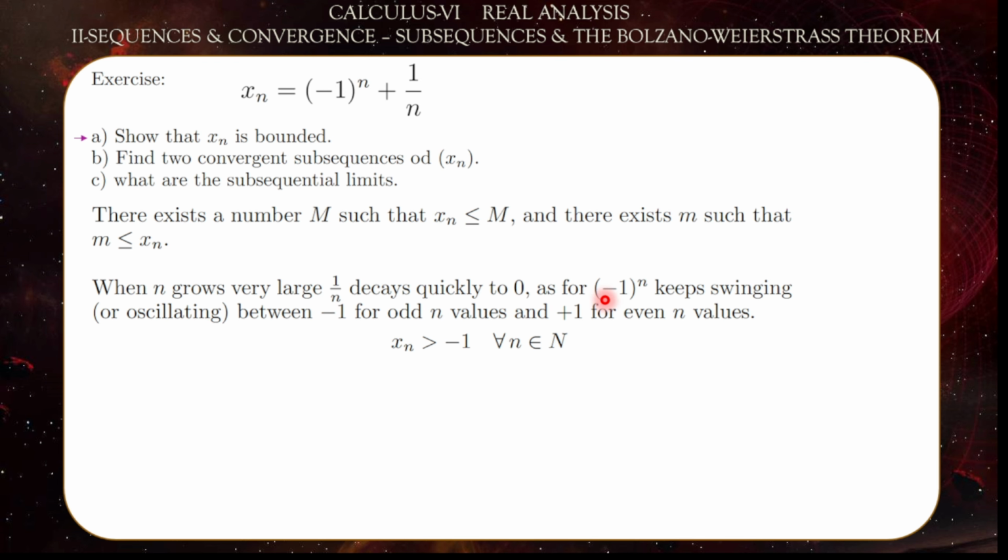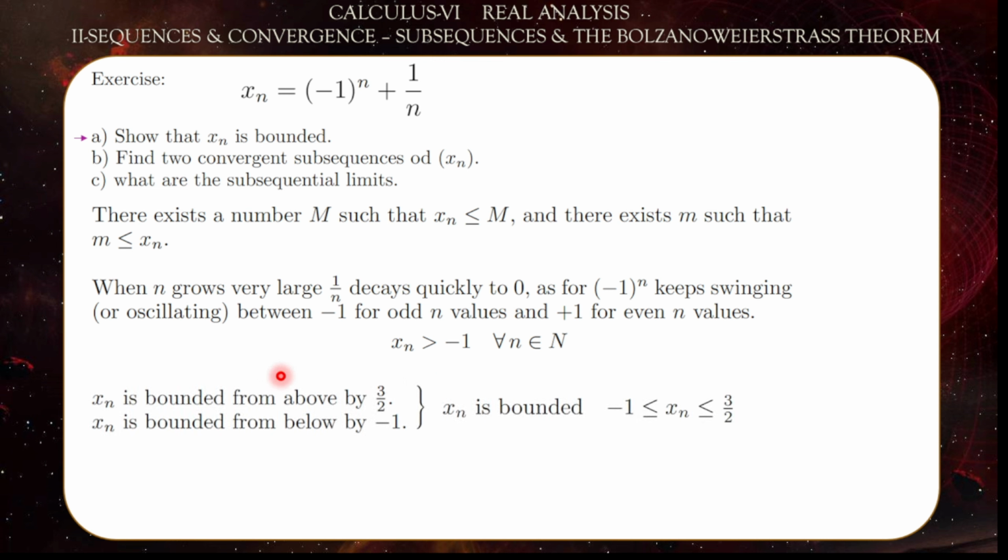As for (-1) to the power of n, it keeps oscillating between -1 for odd n values and +1 for even n values. Hence, x_n greater than or equal to -1 is the lower bound for all values of n within the natural numbers. So x_n is bounded from above by 3 divided by 2 and bounded from below by -1. Hence x_n is bounded in general, and x_n is greater than or equal to -1 and less than or equal to 3 divided by 2.